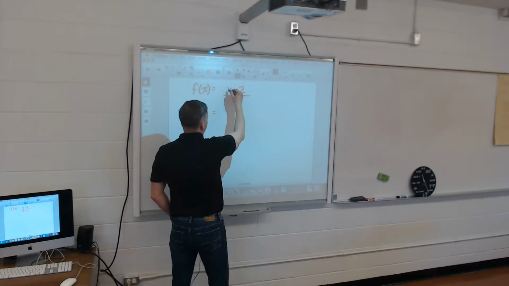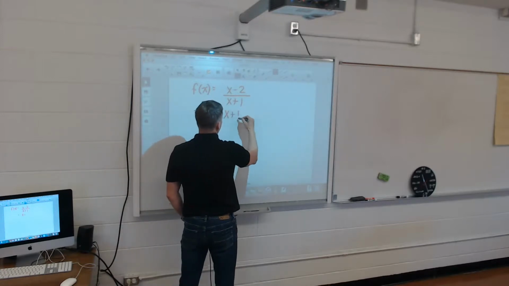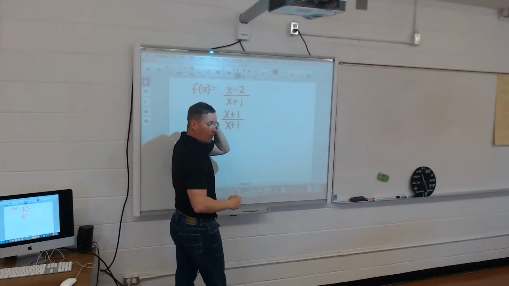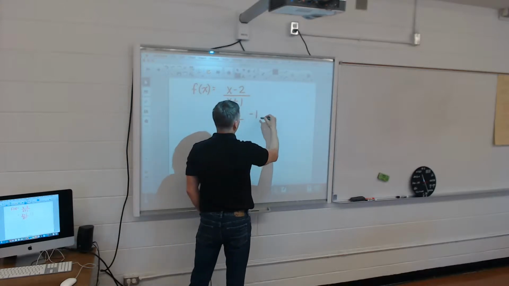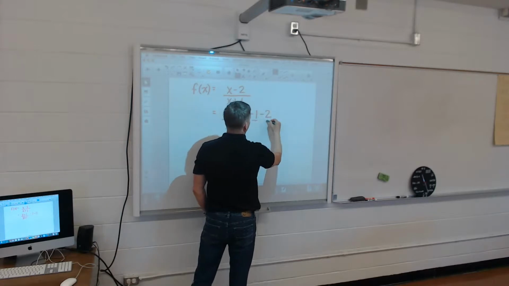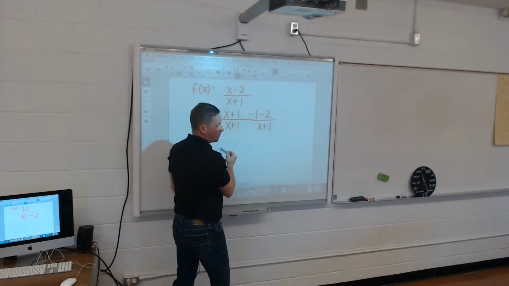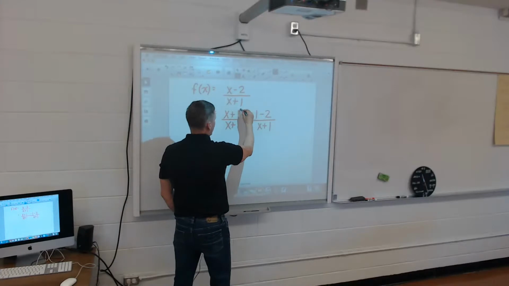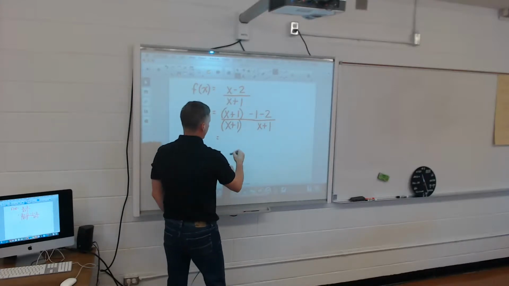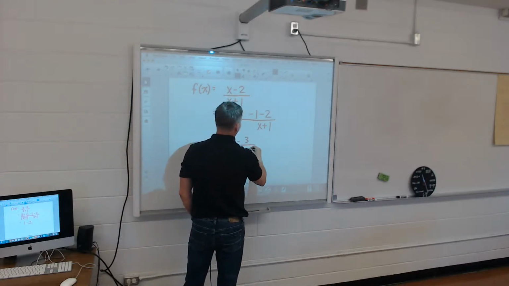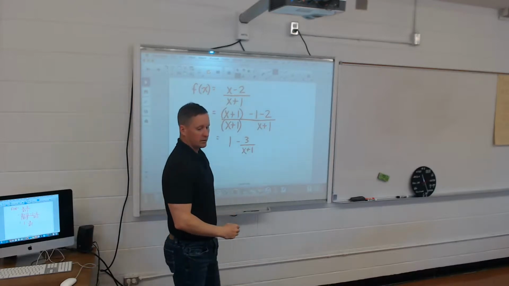So I'm going to add a 1 to that x, put it over top of x plus 1, and since I added 1 to it, I have to subtract 1 over here to keep it the same. And so that puts this over x plus 1. So what I'm doing is x plus 1 subtract 1. All right, now why I do that is then this and this will cancel and leave me with 1. And now I've got minus 3 over x plus 1.